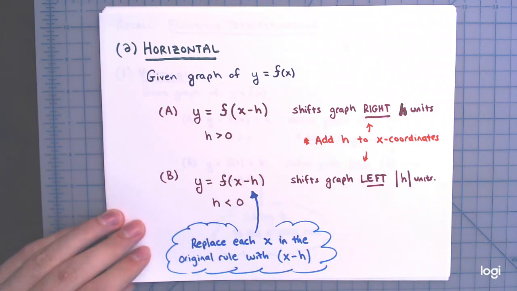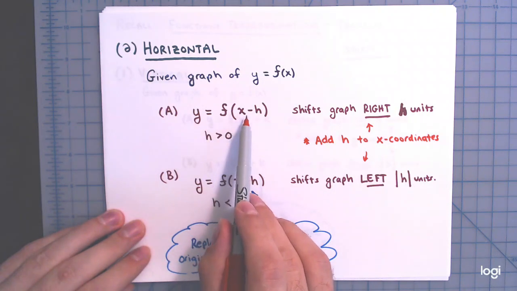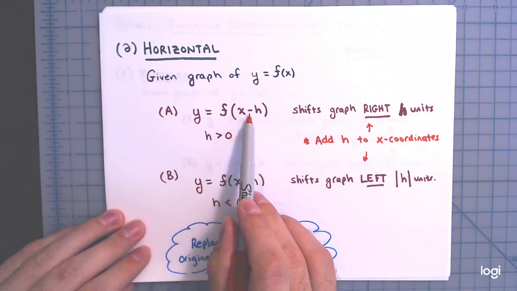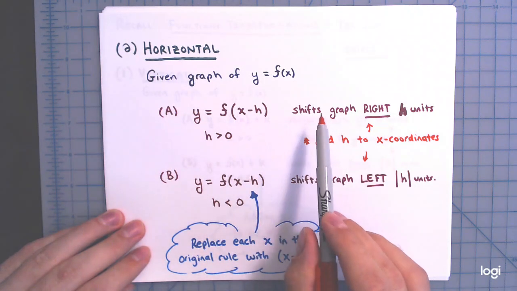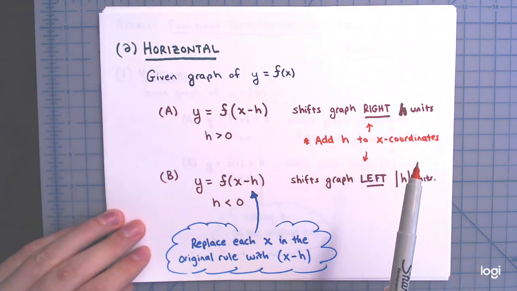You're replacing every x in the original rule with some quantity x minus h. If I replace all the x's with x minus 3 or x minus 5, where that h is positive, x minus 4, that will shift your original graph to the right, h units.